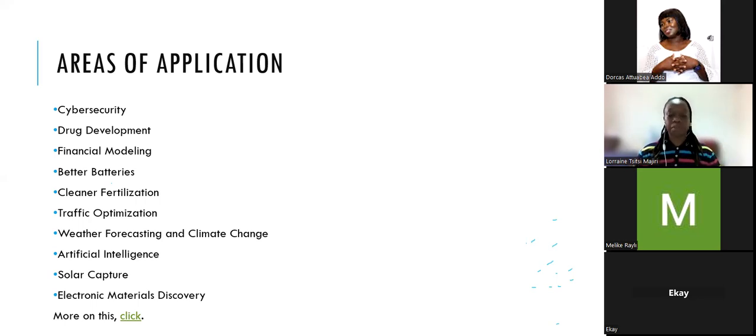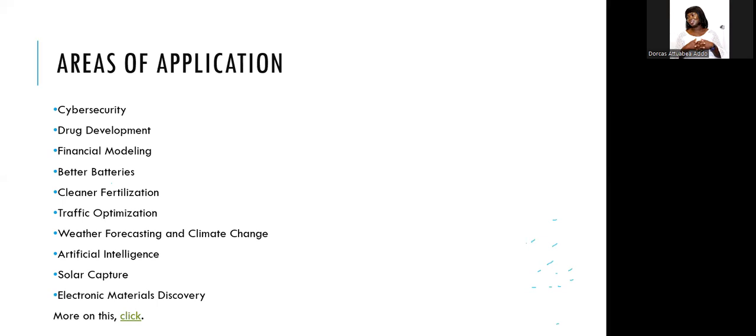We have better batteries, similar to what would happen in the quantum chemistry side of things, and cleaner fertilizers, which is quite good, given that, for example, Africa is a heavily farming and agriculture type of continent. Cleaner fertilizers would be very good for our crops and our food shortages.